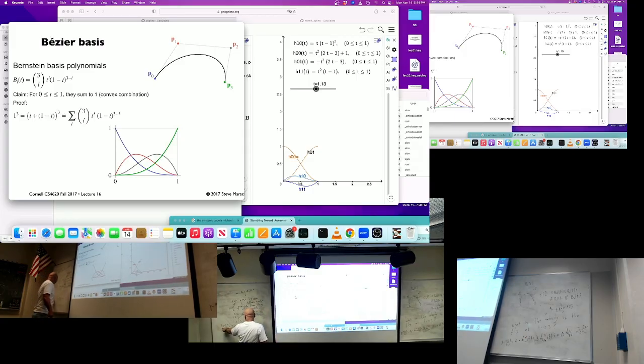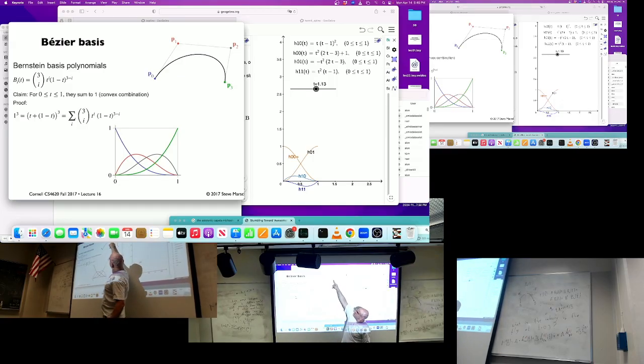And one of these terms is A, and one of these terms is B. And this would be the sum of 3 choose I, t to the I, 1 minus t to the 3 minus I. These are the 4 terms where I goes from 0, 1 to 3. So I'm summing up for some value t, and summing up these 4 values. All of them are positive, and they always sum up to 1. Conclusion, for every point along the curve, you're always inside the convex hull.